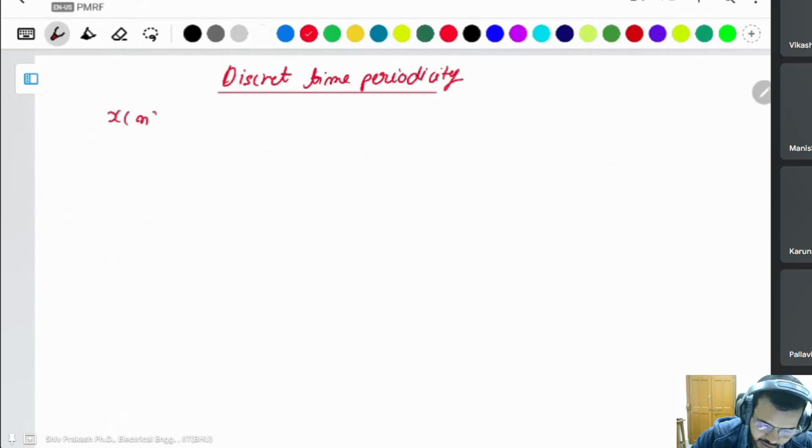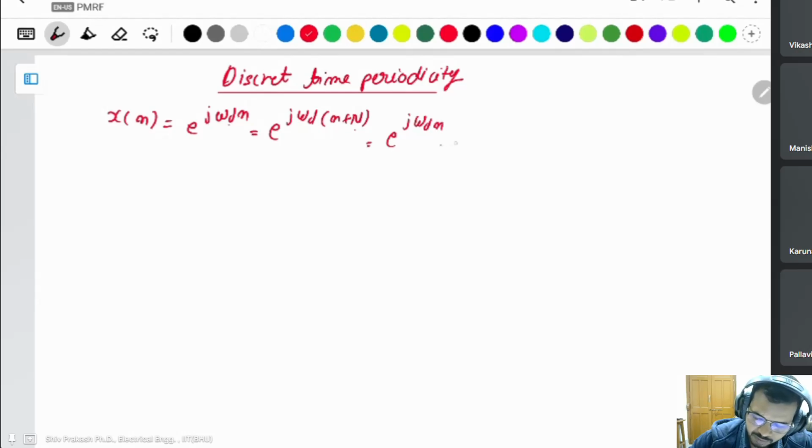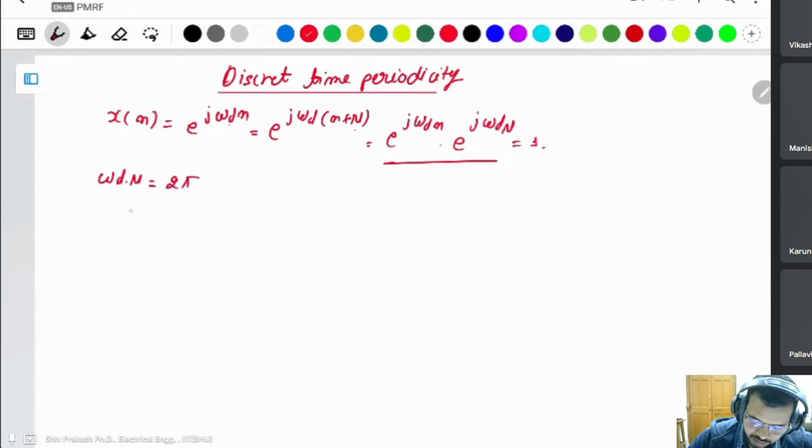So if you have a signal x[n] equal to e power j omega d n, where the frequency is omega, then you can write this in the form of a time period. This multiplication should be 1. Then we get omega d into N is equal to 2 pi, so N is equal to 2 pi by omega d.